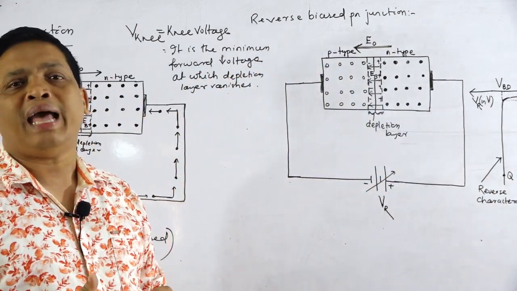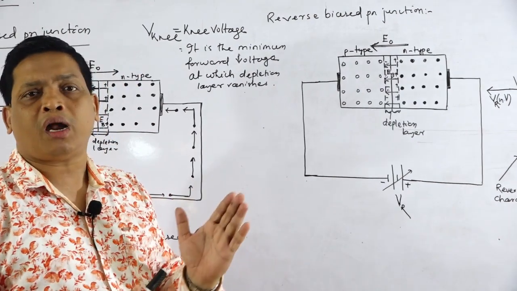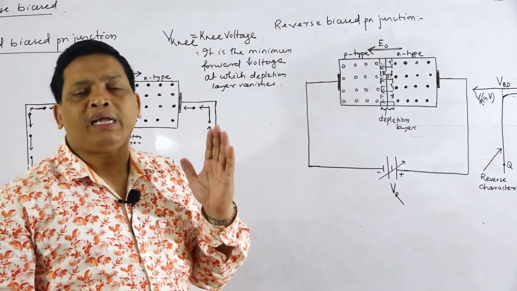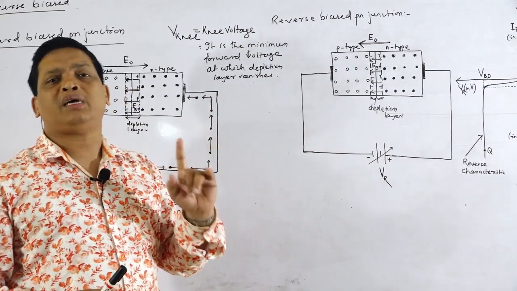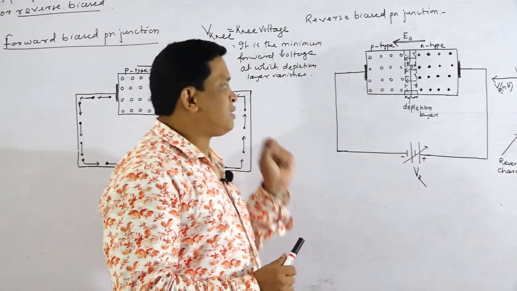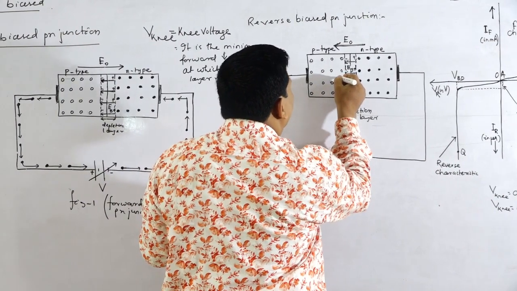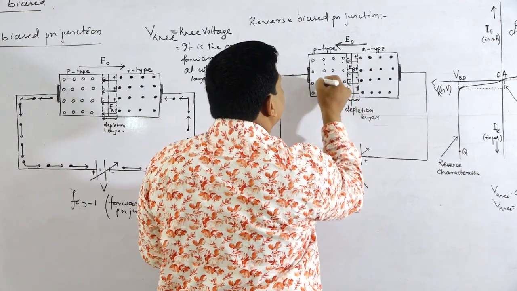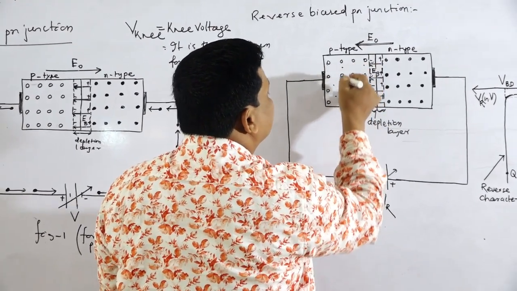The majority charge carriers are pulled away from the junction. Hence, there is no current in the p-n junction due to the majority charge carriers. But look here, there are a few free electrons in the p region which are called minority charge carriers.